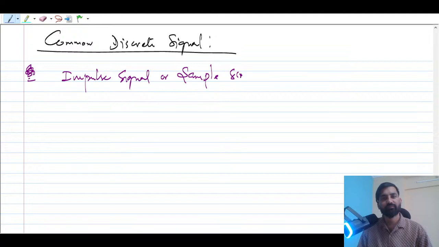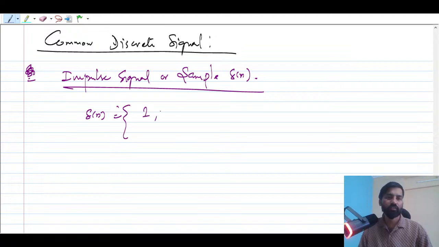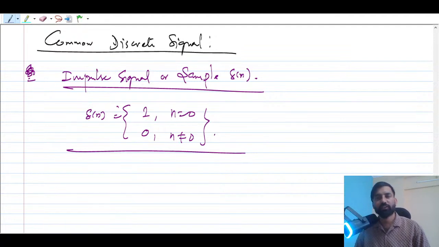Or you can say that sample delta n is defined as 1 for n equal to 0, and 0 for n not equal to 0. ये 0 होगा. Okay, so in this case you will find that this 1 represents the height of the sample.